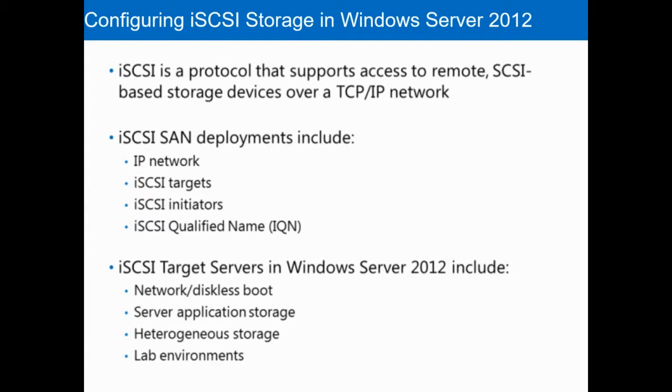The iSCSI initiator also uses the IQN to connect to the iSCSI target. However, if name resolution on the iSCSI network is a possible issue, iSCSI endpoints, both target and initiator, can always be identified by their IP addresses.